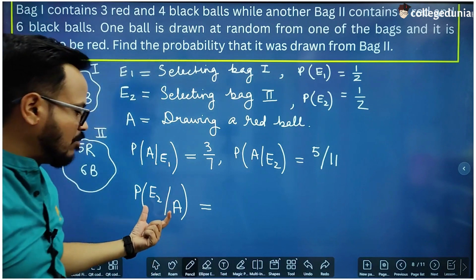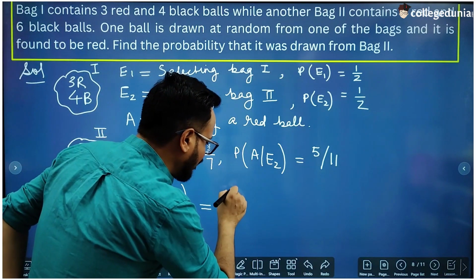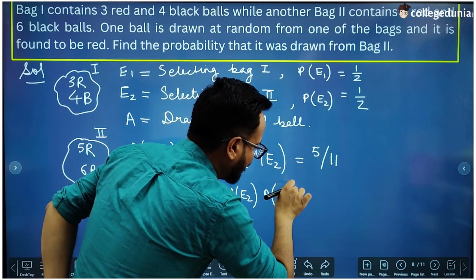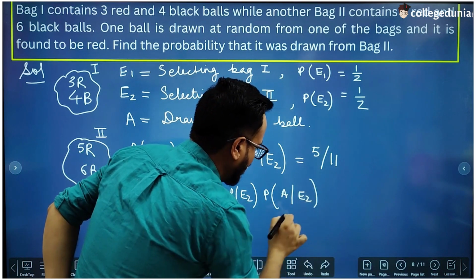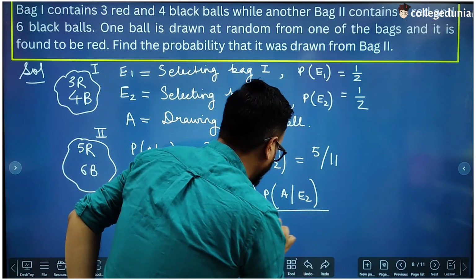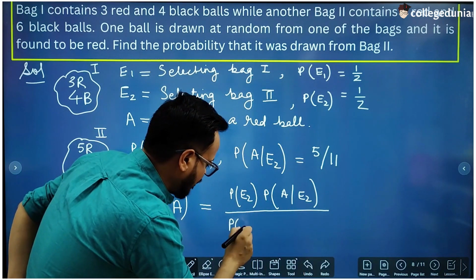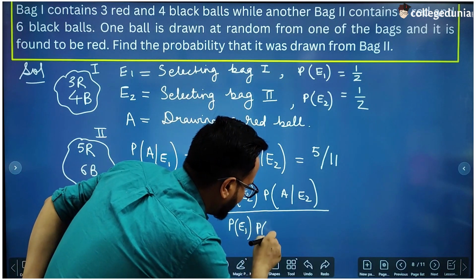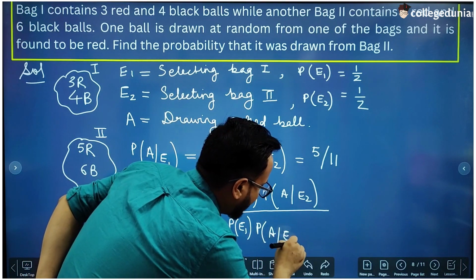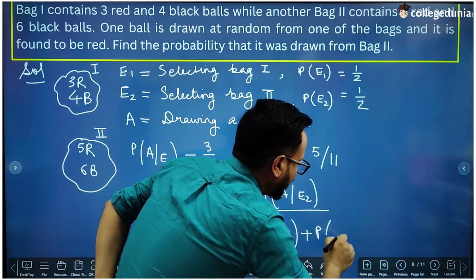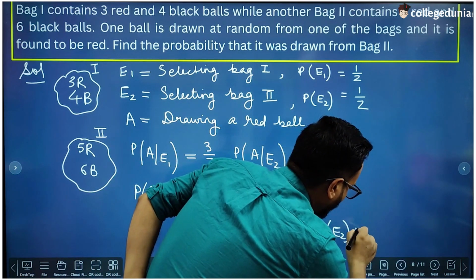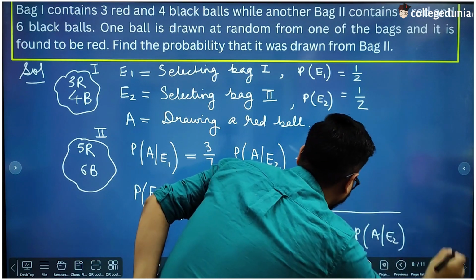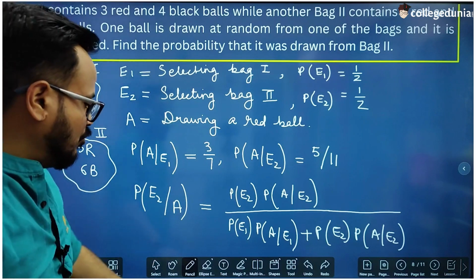To find the probability of E2 by A, that will be P(E2) into P(A/E2). Since there are only 2 events, in the denominator we write P(E1) into P(A/E1) plus P(E2) into P(A/E2), right? Now put these values.